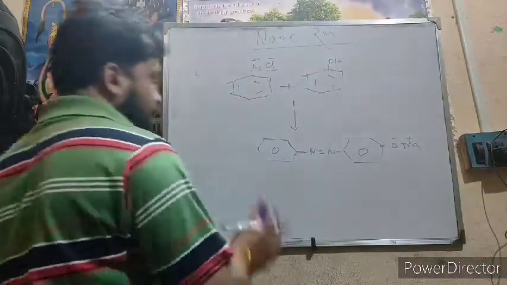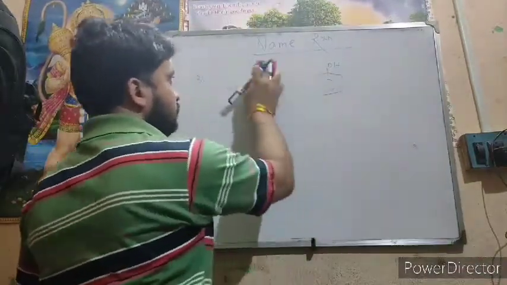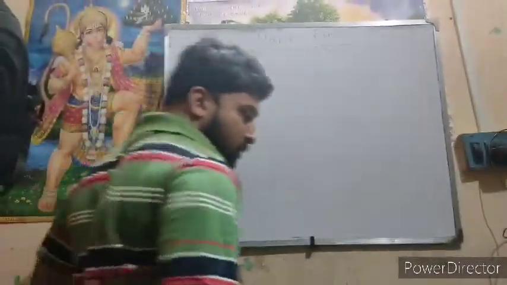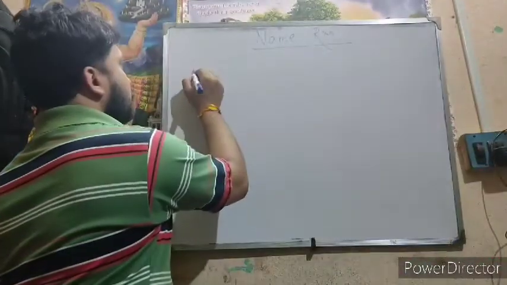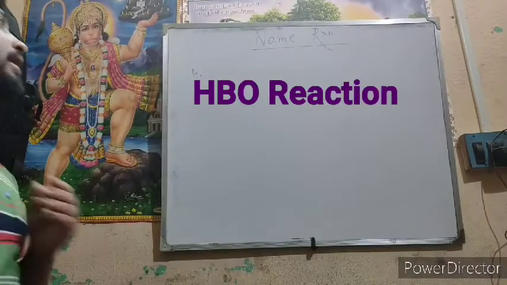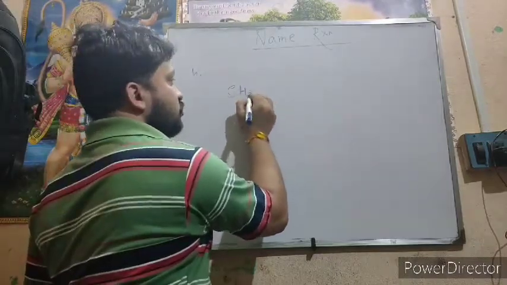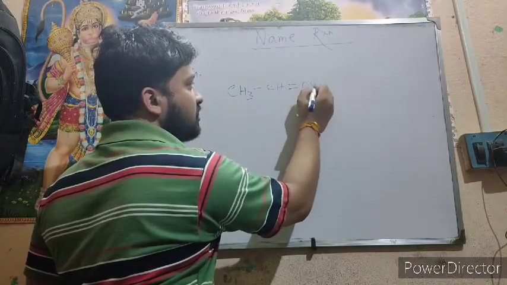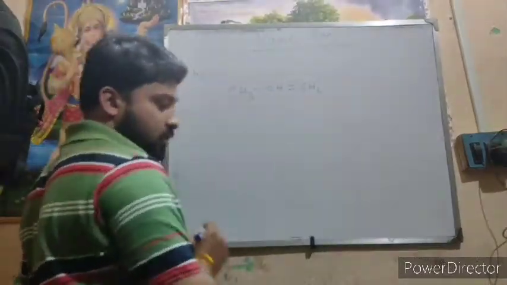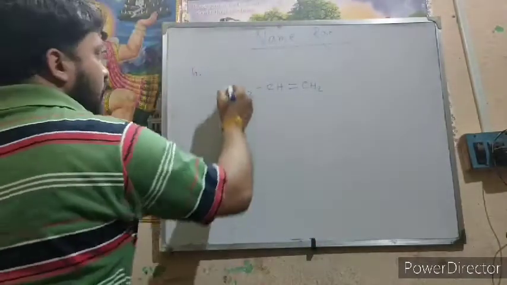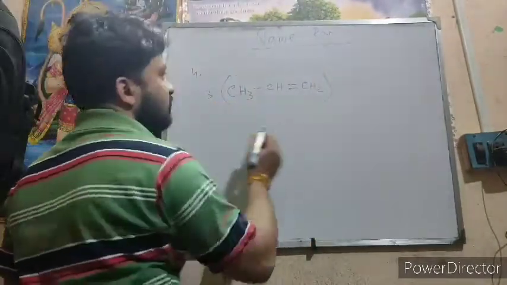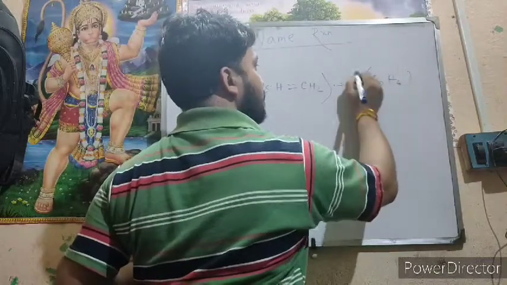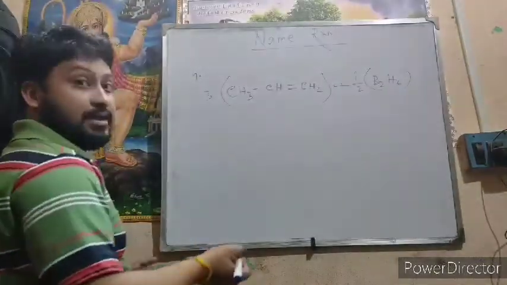Fourth one is HBO reaction. If you write CH3 CH double bond CH2, three molecules of this, and you react with B2H6, but not the full B2H6, half of it, so BH3.